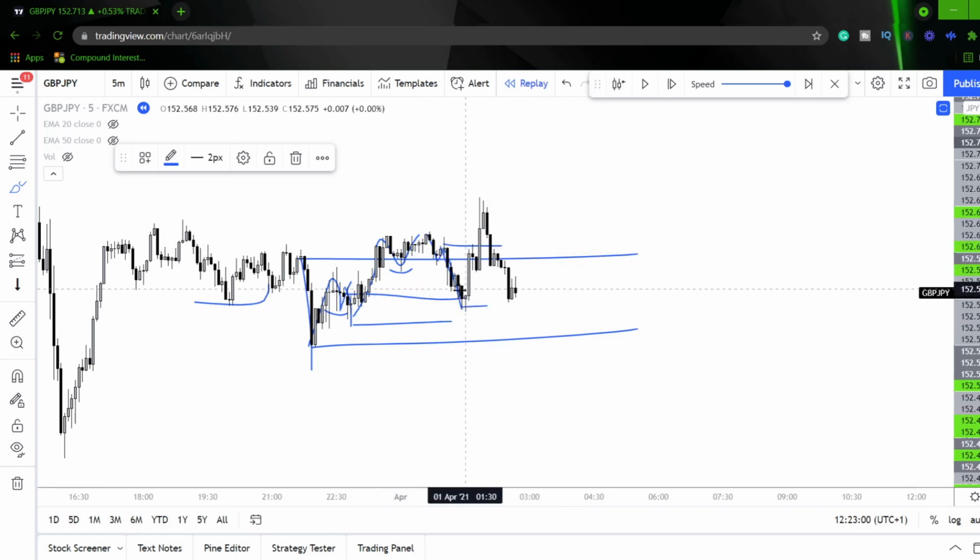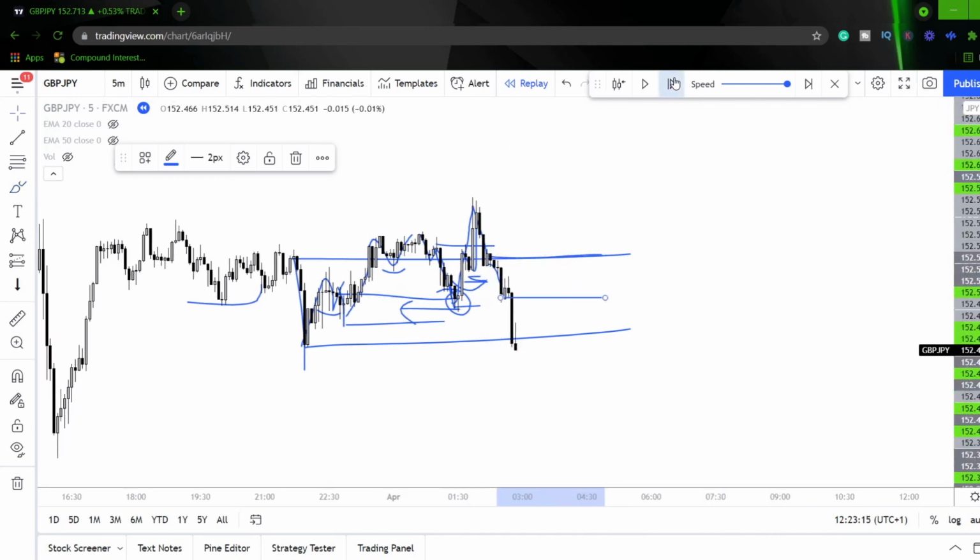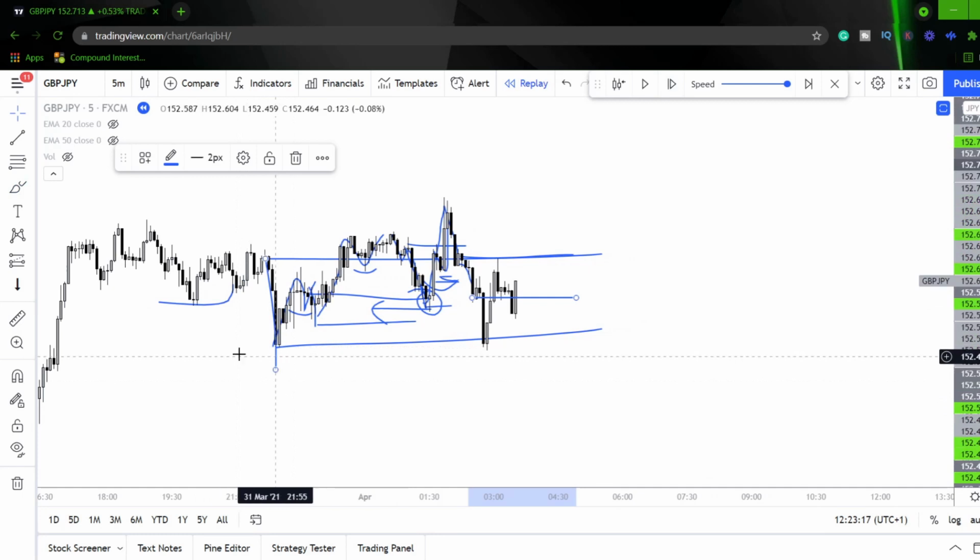As price comes down, we tap into this order block and we take liquidity from the top side. We pull back, we create liquidity. We then run through liquidity, giving us an order block, right? We run this liquidity, giving us an order block.